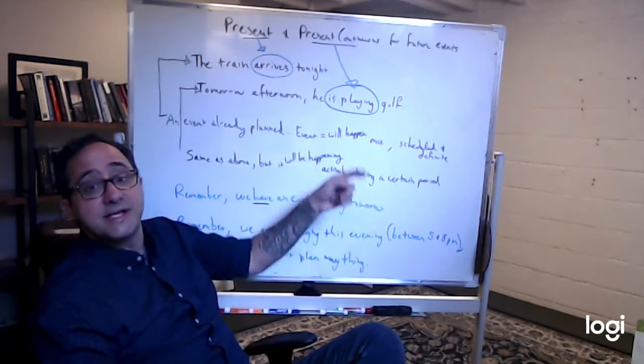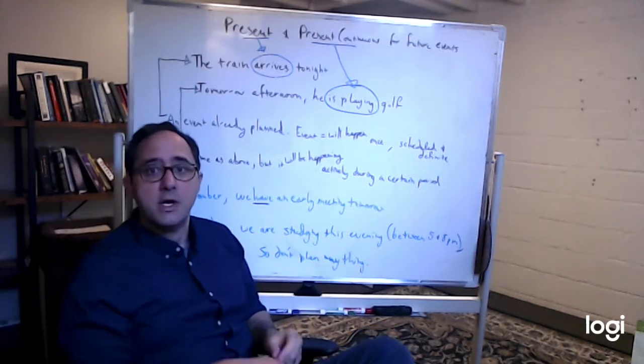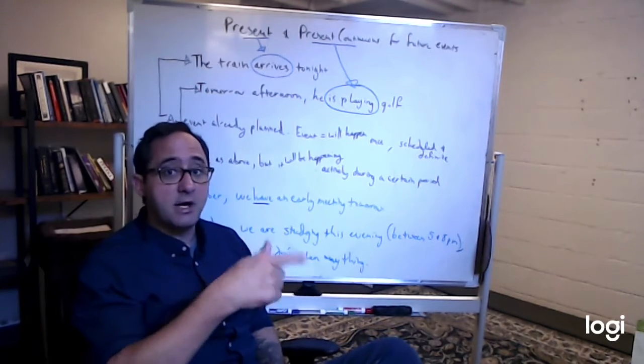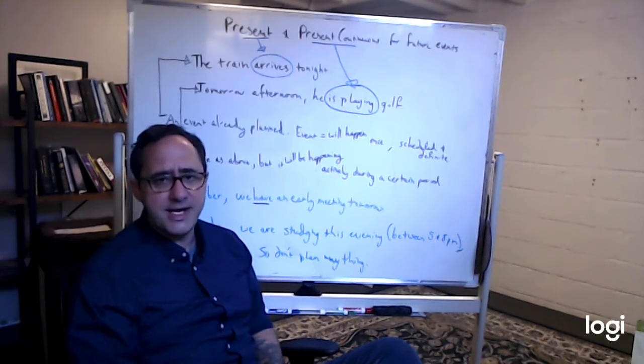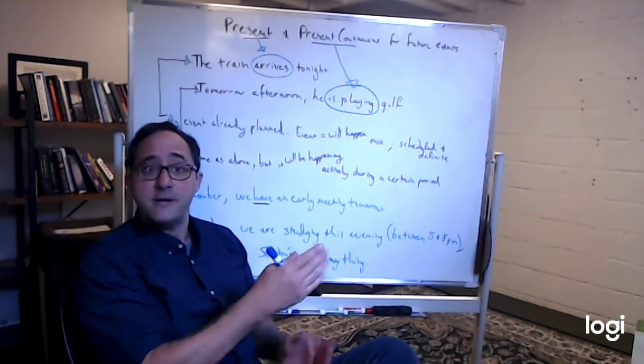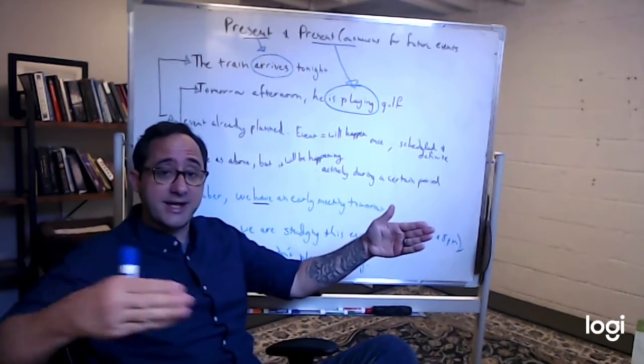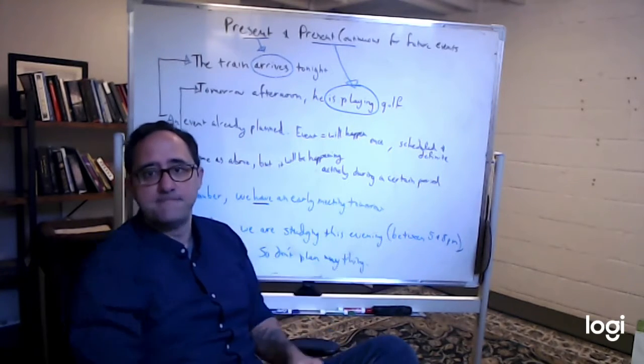And you might want to say, he's playing golf tomorrow afternoon, so I don't think he will be at the meeting because he's playing golf. During that time, he can't go somewhere else, right?